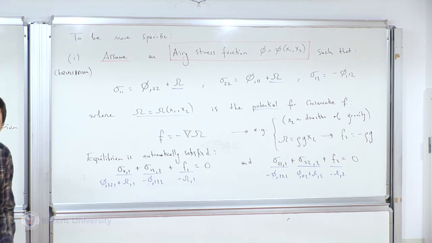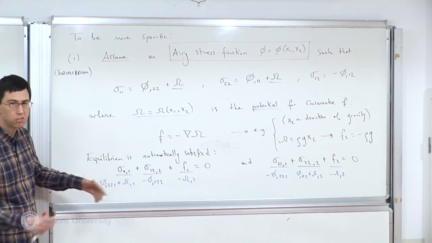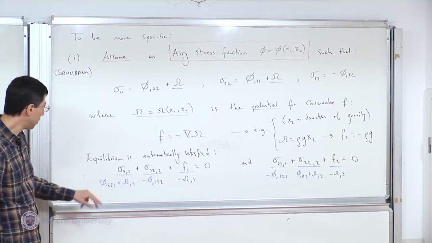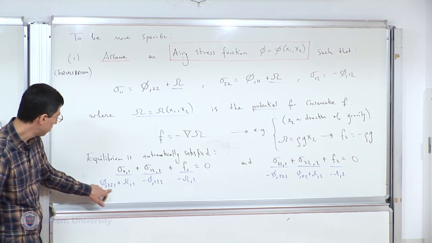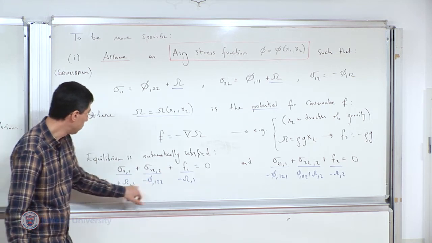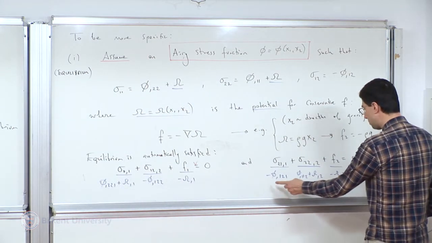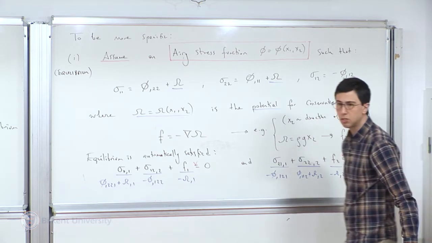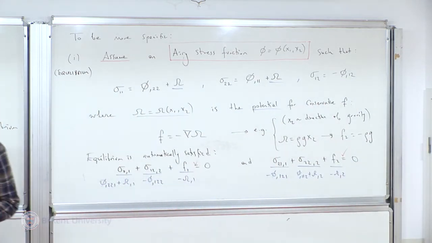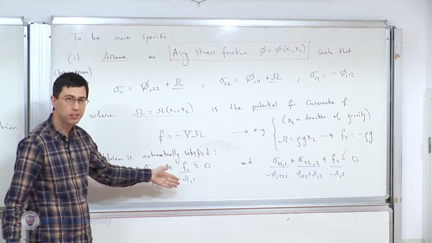You probably already see that we're always assuming our functions are nice and smooth, so it doesn't matter in which order we differentiate. I can cancel these two, so it's a check. And here as well, these two cancel. Again, it's a check. So if there exists such a stress function, equilibrium is satisfied.